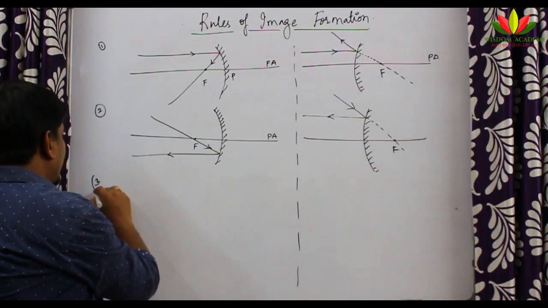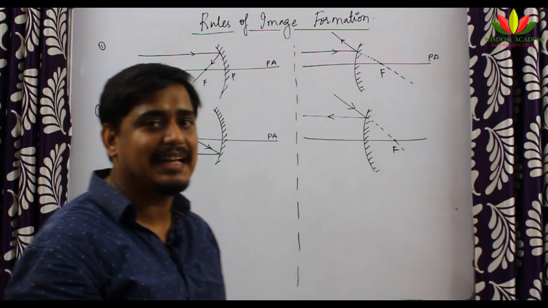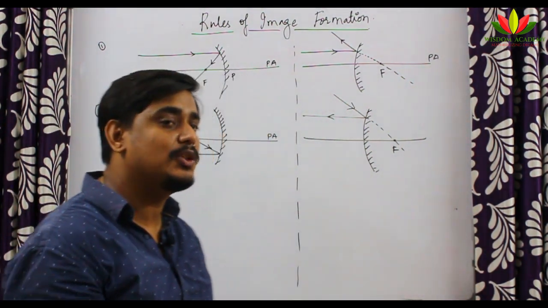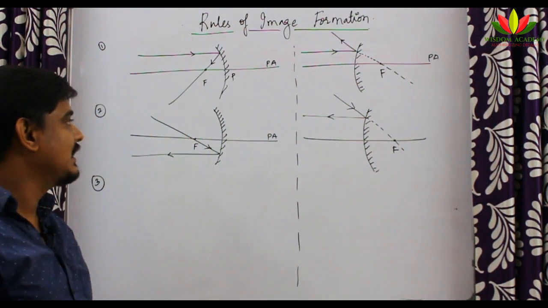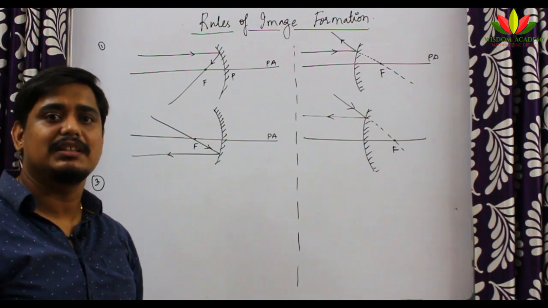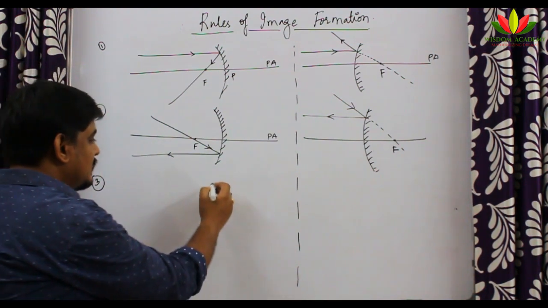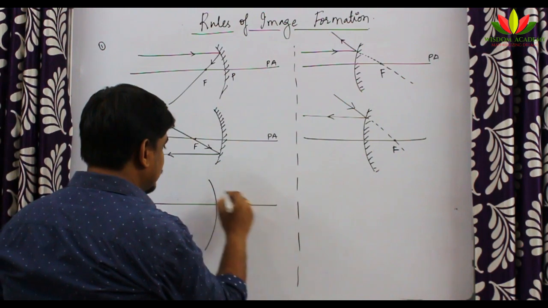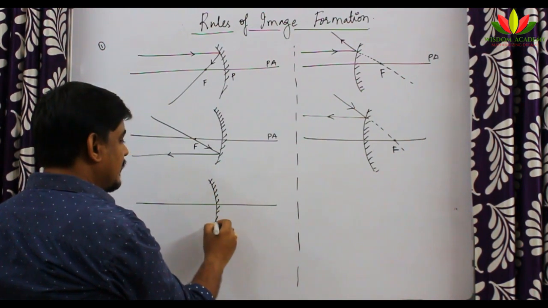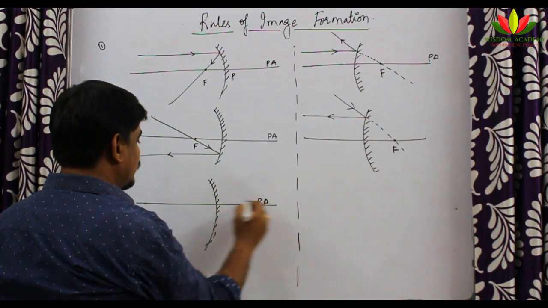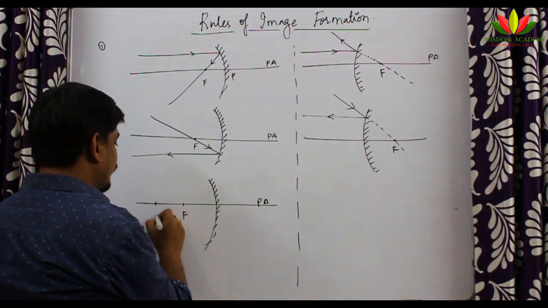The third rule of image formation says that any ray which is passing through the center of curvature gets reflected back on the same path. Suppose there is a concave mirror, and this is the focus and this is the center of curvature.